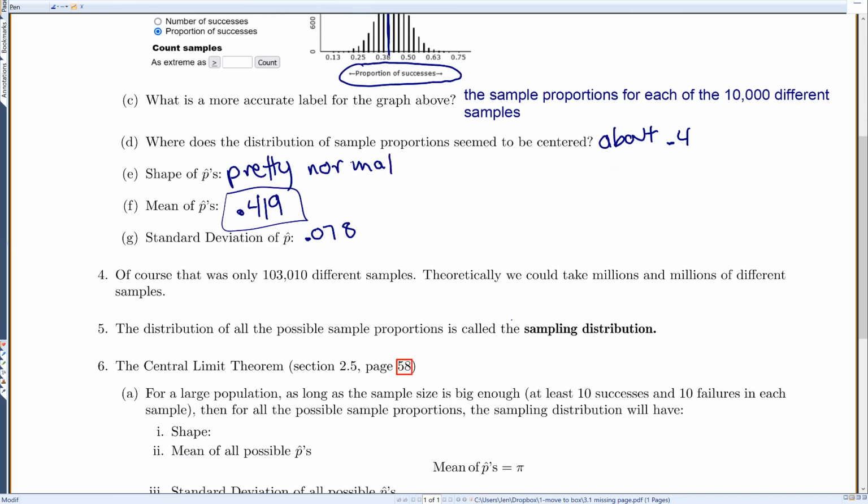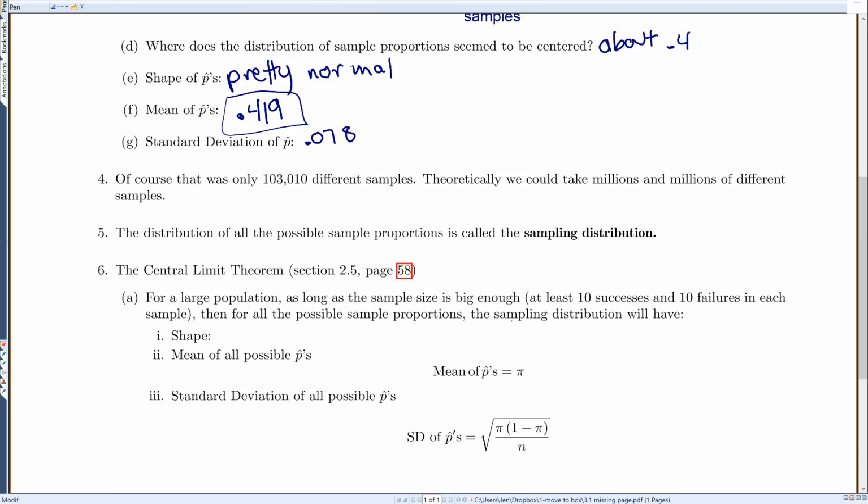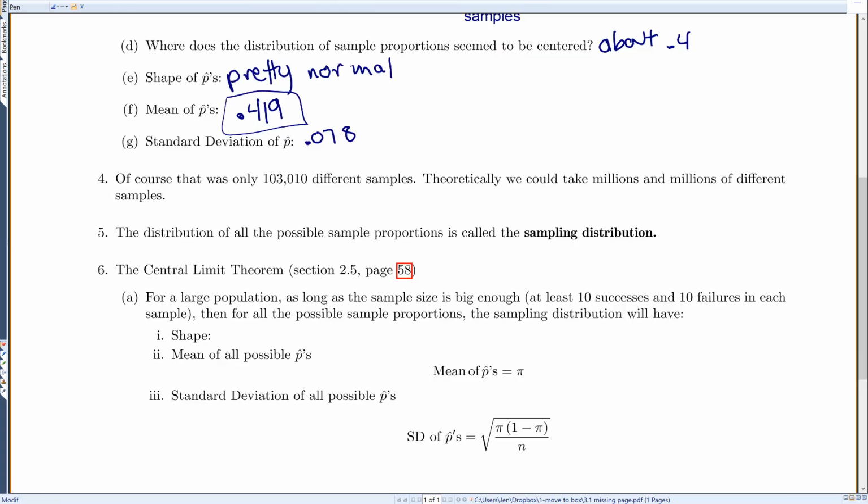The central limit theorem, so this part is a review from section 2.5, says for a large population, as long as the sample size is big enough, remember at least 10 successes and 10 failures in each sample, then for all the possible sample proportions, the sampling distribution will have a normal shape.